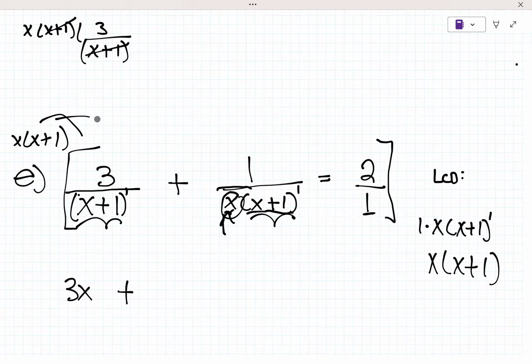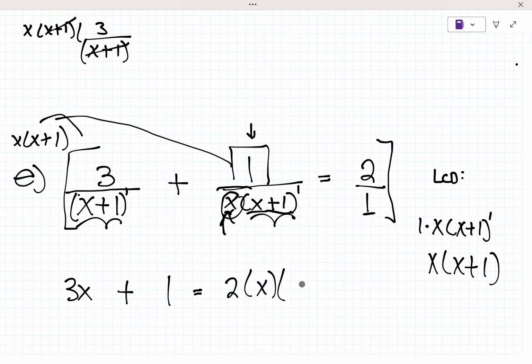Now do the middle part. They're practically the same, right? x plus 1 on top, and then x over x plus 1. So they disappear. You're just left with that invisible 1, right? It doesn't zero it out. You're still left with this 1. And then on the right, nothing cancels. So it's just 2 times x times x plus 1.